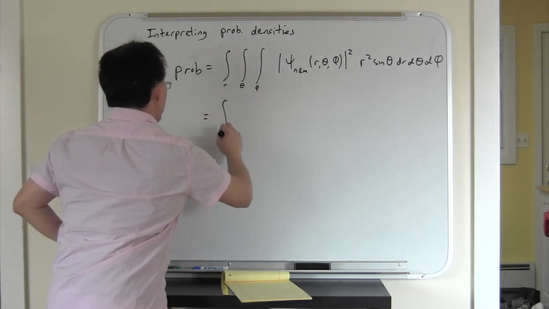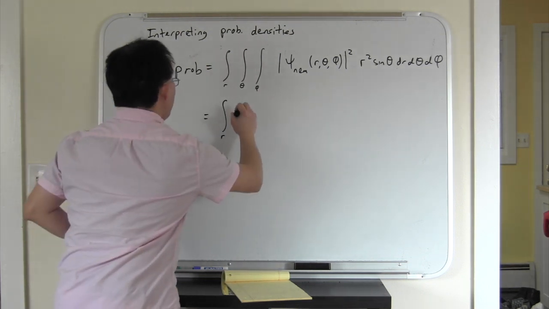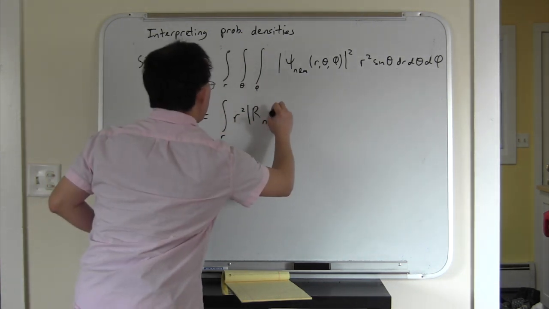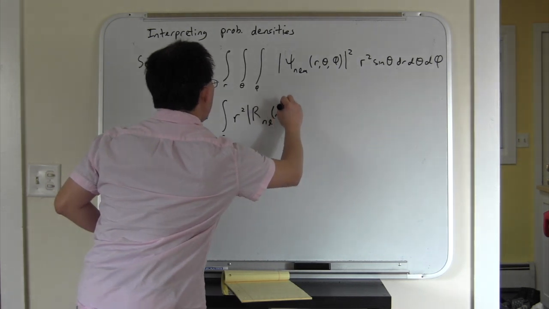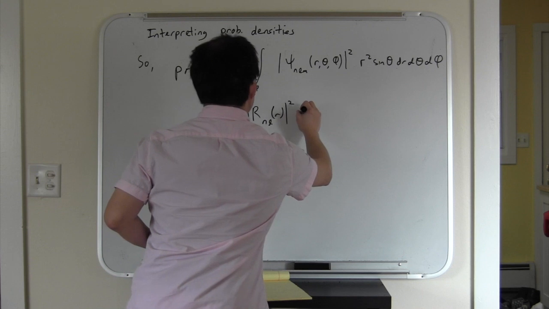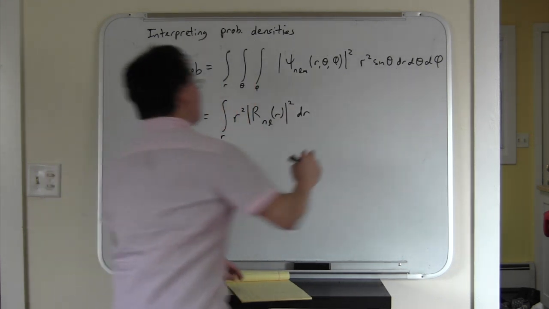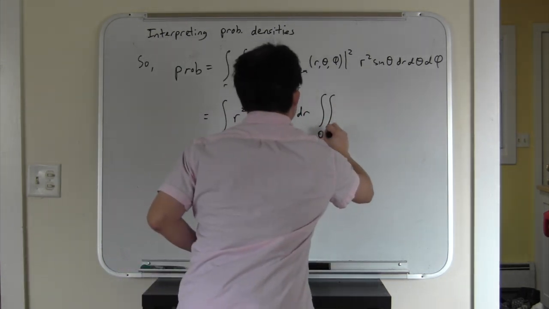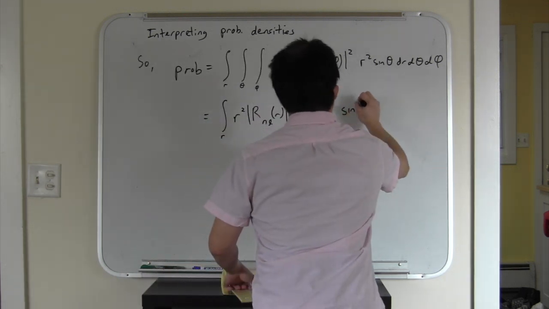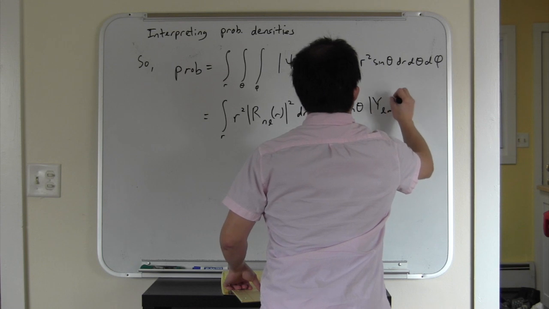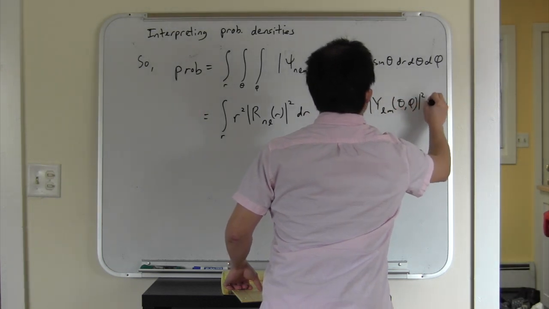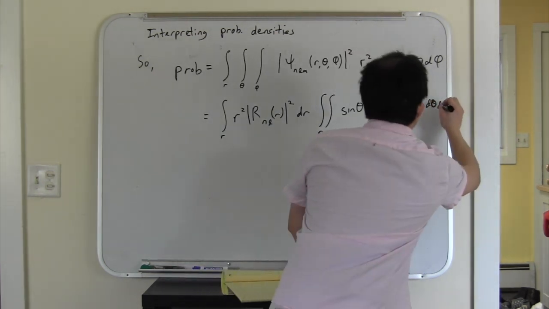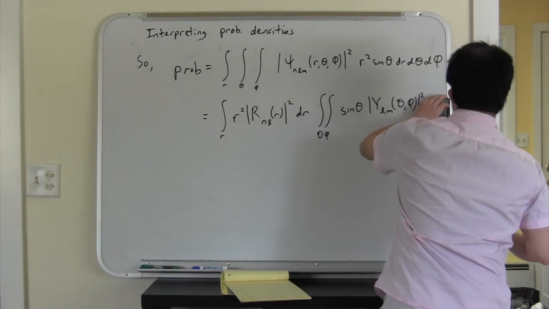You end up with an integral over r of r squared times the radial wave function |R_nl(r)|^2 dr, again with appropriate bounds, times a double integral over theta and phi of sine theta times |Y_lm(theta, phi)|^2 d theta d phi.